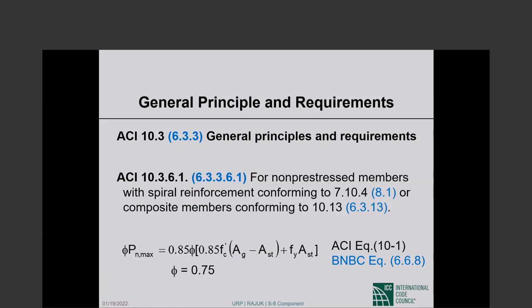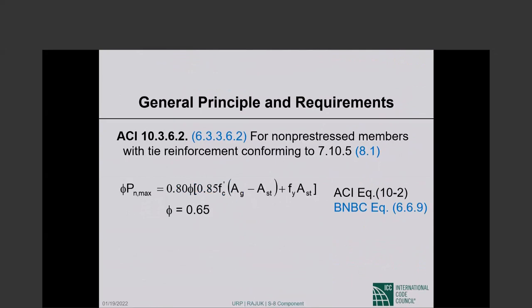You add the two together, you have the column axial load, and we multiply that by a phi for reasons that I explained on the first day. And then there is an additional 0.85 that we will discuss in a second. If it is a tight column instead of a spirally reinforced column, then that number of 0.85 changes to 0.80.